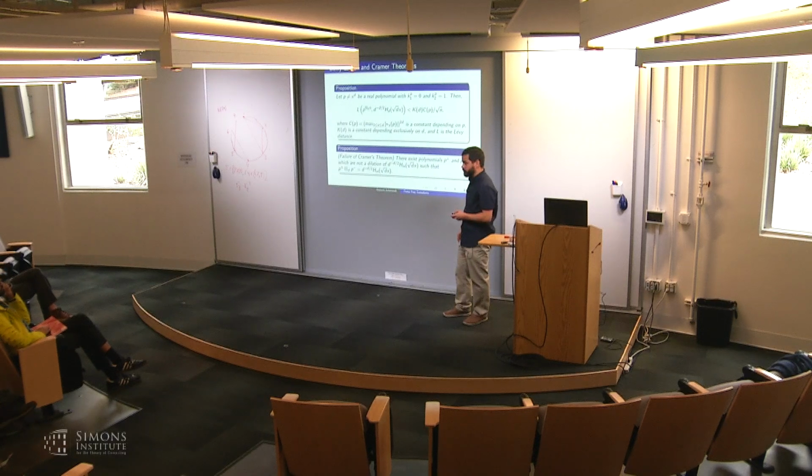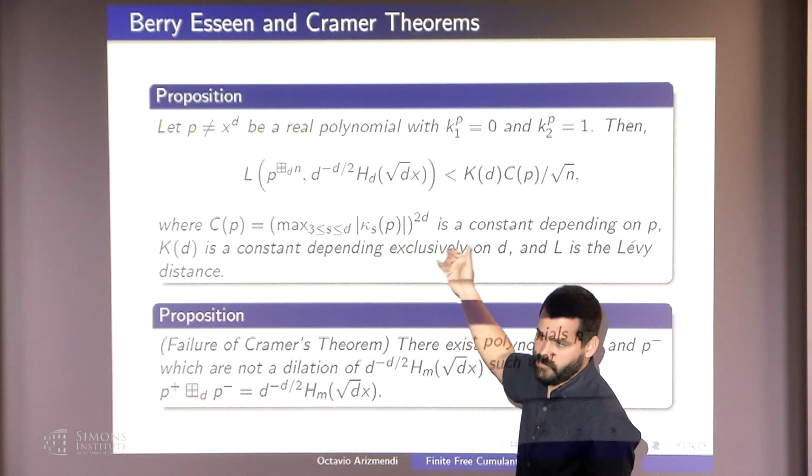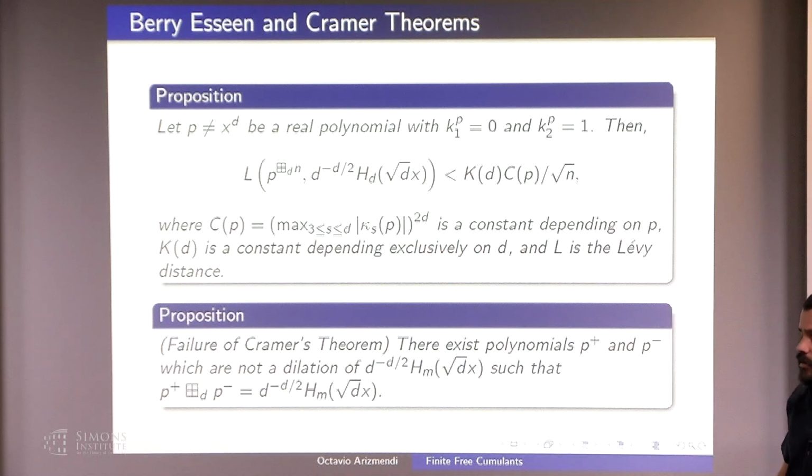Can you form a non-IID version of the Esseen result, where you take the finite free convolution of n different polynomials? Maybe the bounds will depend a little bit on... Yes, as long as, and this is exactly what it's telling you, at least for this proof, you can bound the max of the cumulants in some way. Are the bounds much worse than in the IID case? Well, they have to have some dependence on how different the distributions are, but there are bounds that recover the IID bound in the case where they're all the same.